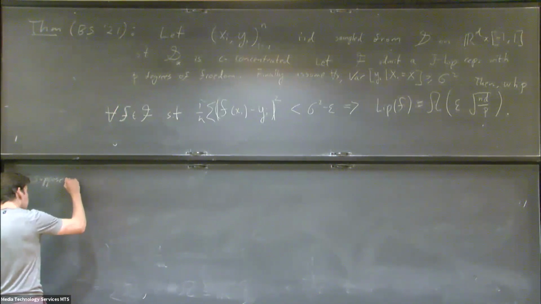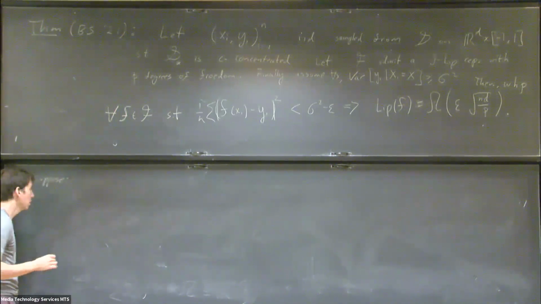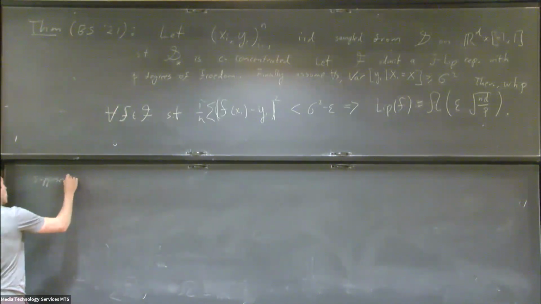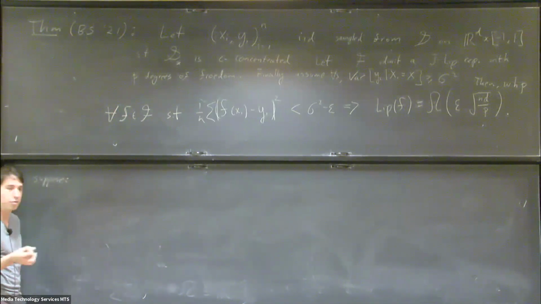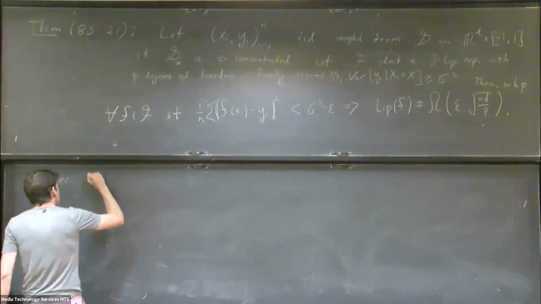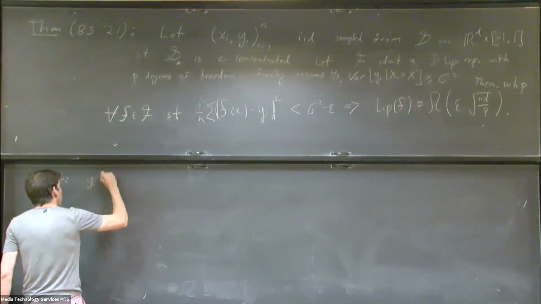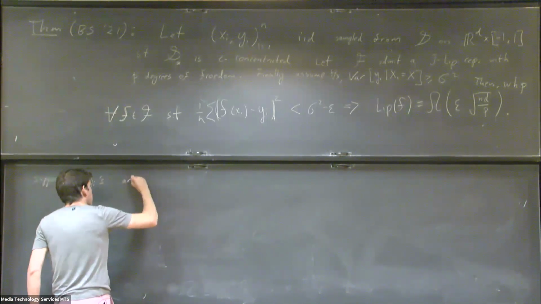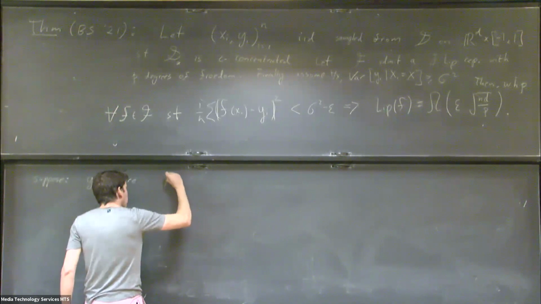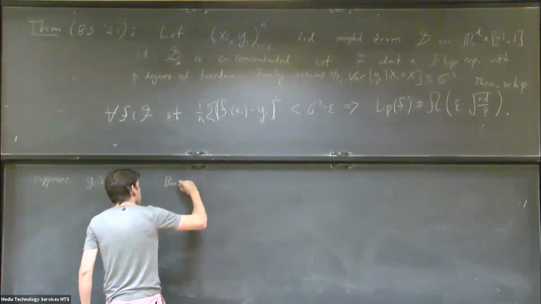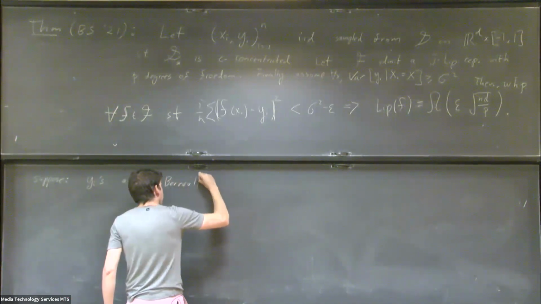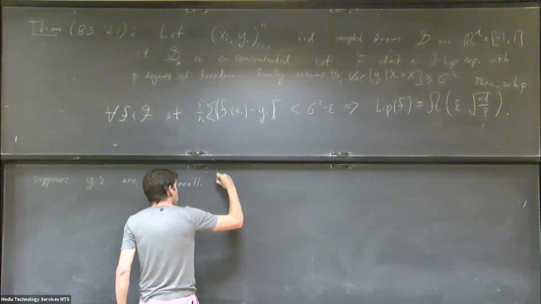So for now, just a toy case, but it's almost as general: suppose that the yi's are just Bernoulli, minus 1, 1.